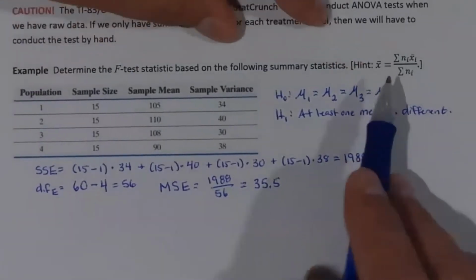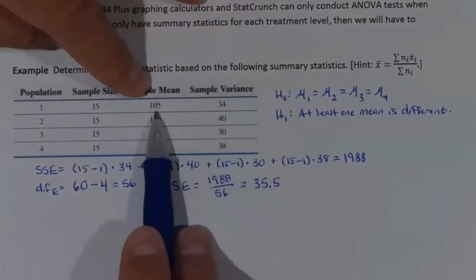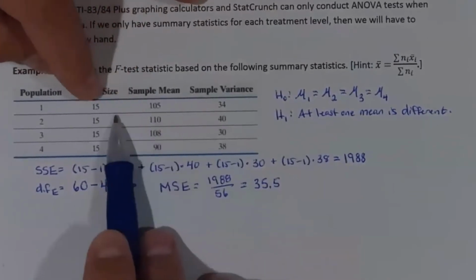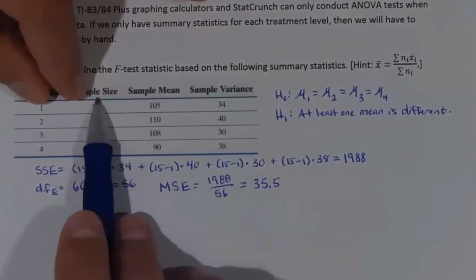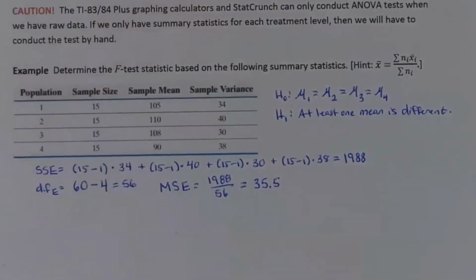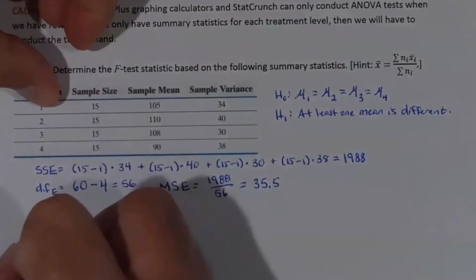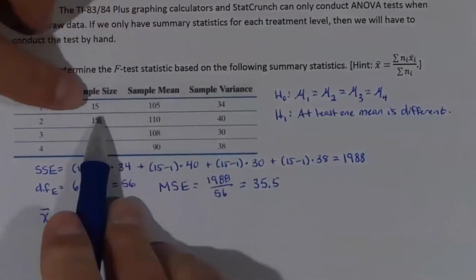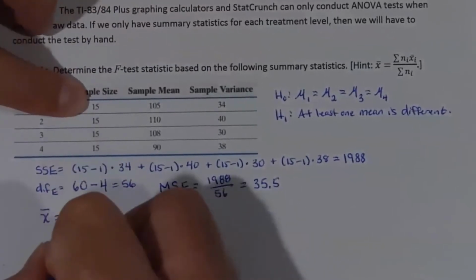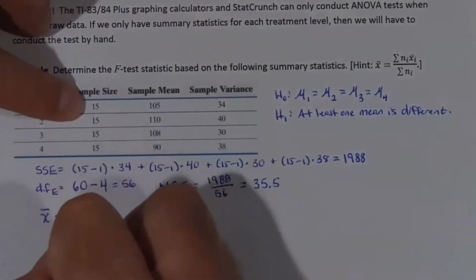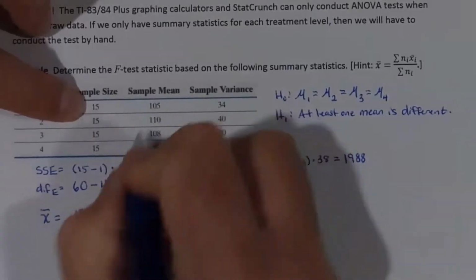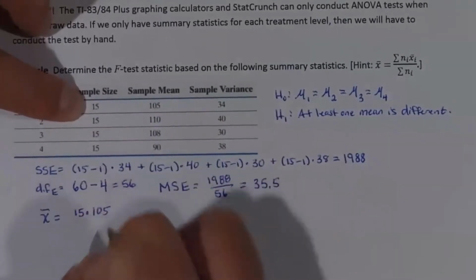So if I take each of the sample means that are given and multiply by the sample size and add that up and divide that by the total number of data values, that will give me the overall mean. So I'm going to find the overall X bar by taking each sample size. So for example, for sample 1, the sample size is 15 times the sample mean, 105.